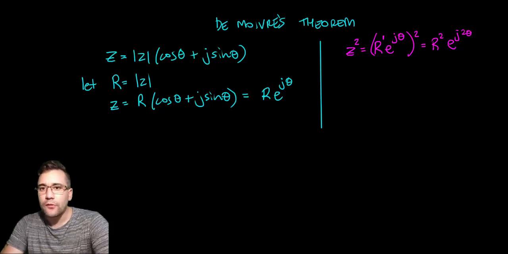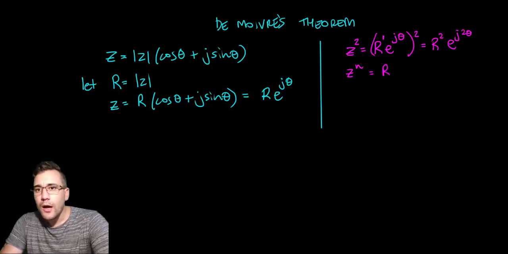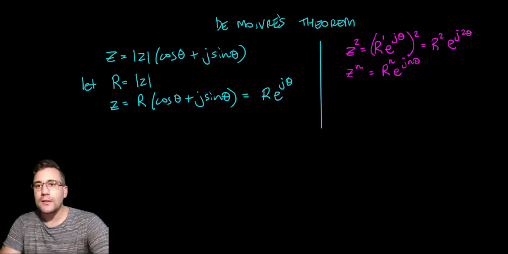Now, in a general sense, we could say that z to the power of n is equal to r to the power of n times e to the j n theta. So hopefully that's making a lot of sense to you.